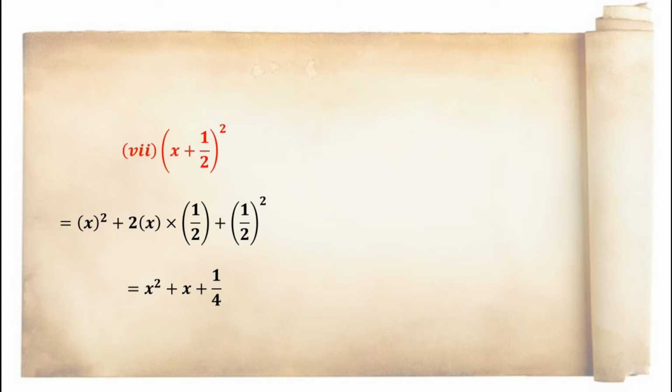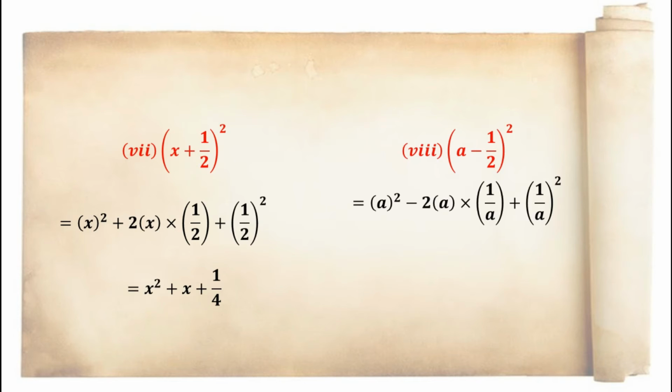Okay, like this. And the eighth question, (a minus 1 upon a) raised to 2 means a raised to 2 minus 2 into bracket a into 1 upon a plus (1 upon a) raised to 2. Okay, so here you see that a raised to 2 minus 2 plus 1 upon a raised to 2. Okay, like this.